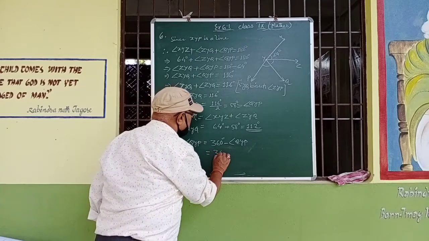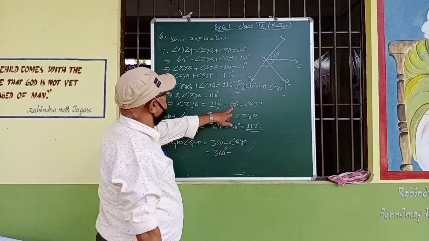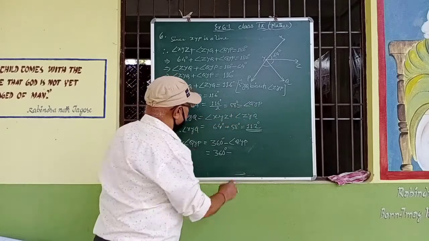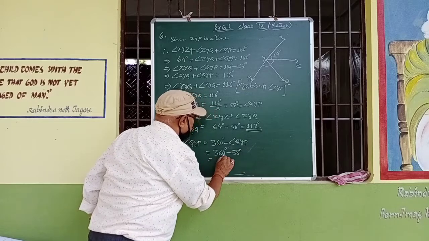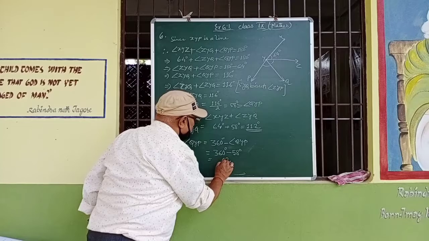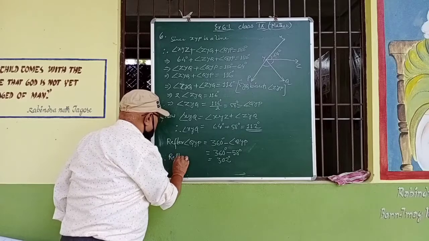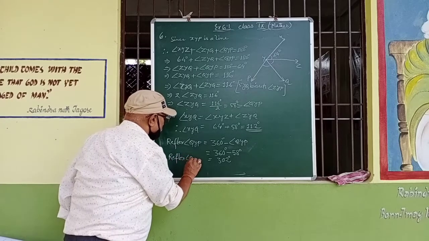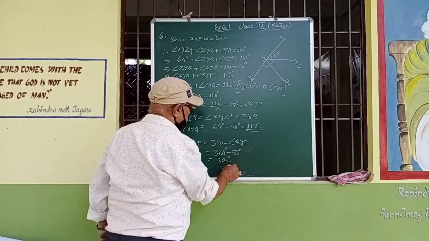So 360 minus QYP, we got QYP is 58 degree. 360 minus 58: 10 minus 8 is 2, 5 minus 5 is 0, 3. Therefore reflex QYP is equal to 302 degree. These two are our answers.